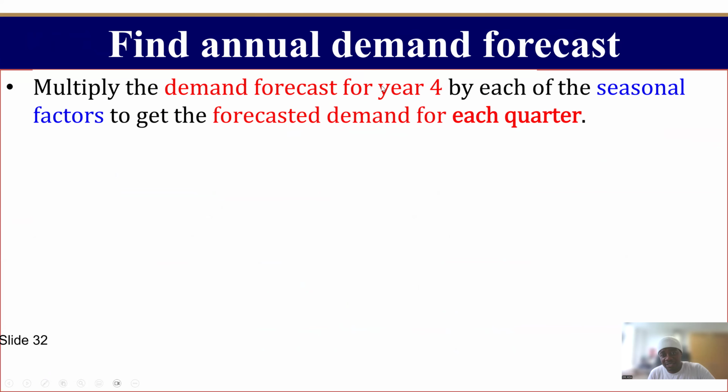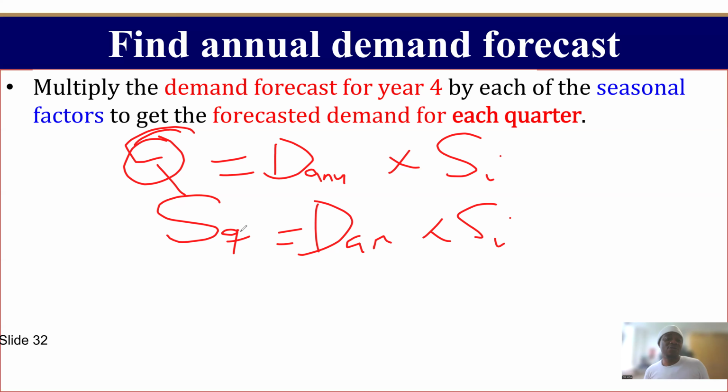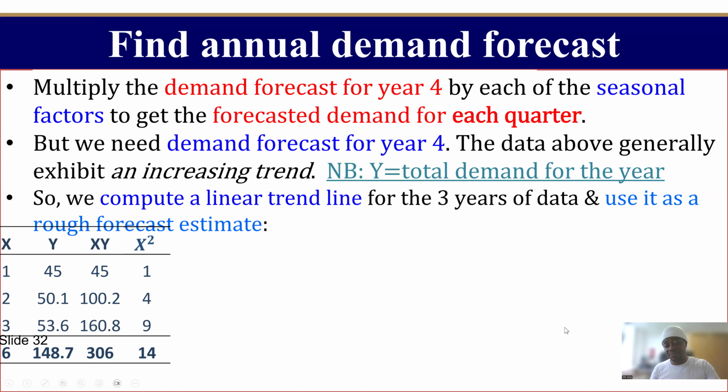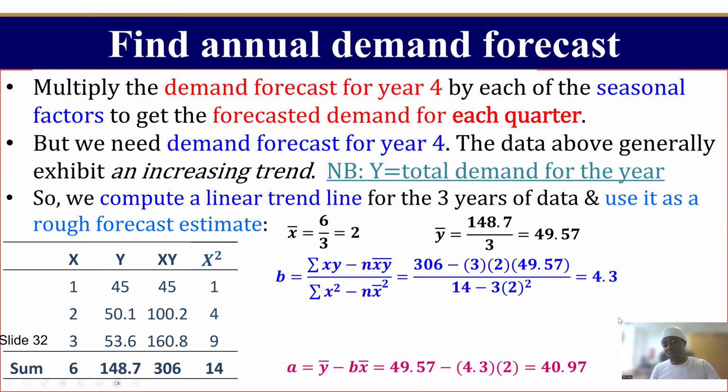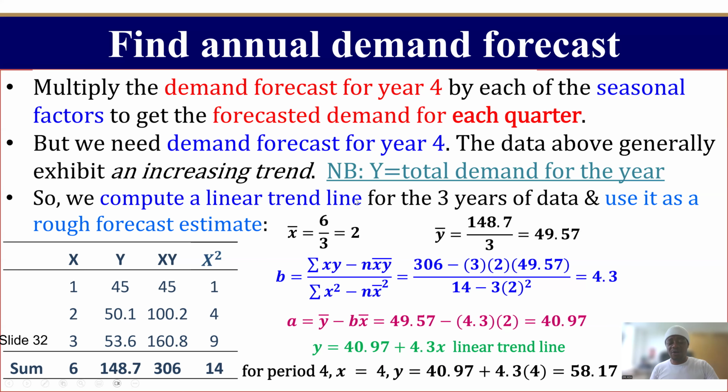So for each quarter, D for the annual multiplied by the seasonal factor should give me this. We can get that for each of the quarters by multiplying the 58 we found by each of the seasonal factors.